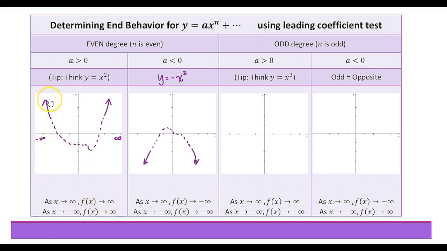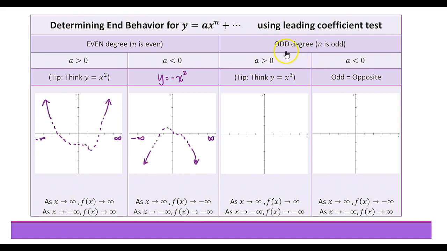F of x is still going to positive infinity. And when I have a negative leading coefficient, as x goes to positive infinity, my y values, f of x, are going to negative infinity. And as x goes to negative infinity, my f of x values are going down to negative infinity.